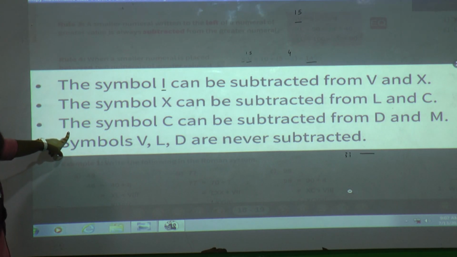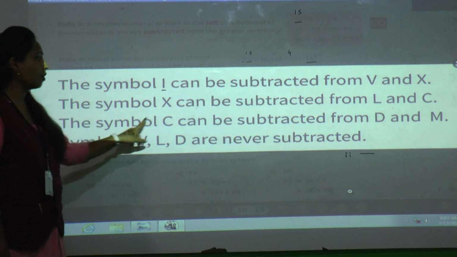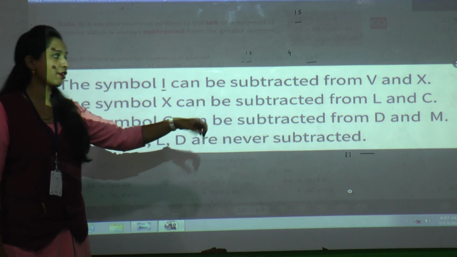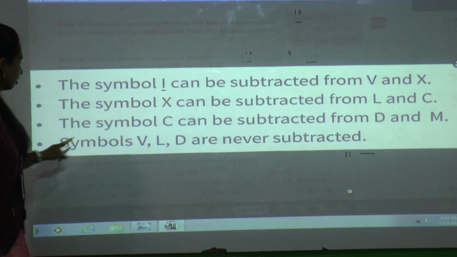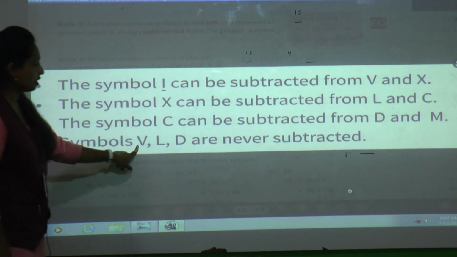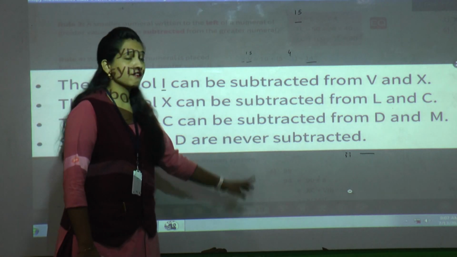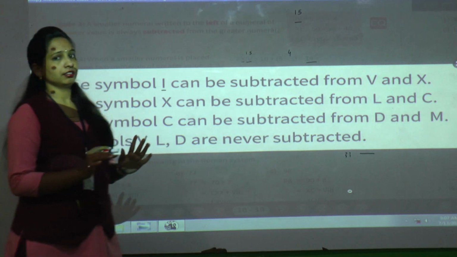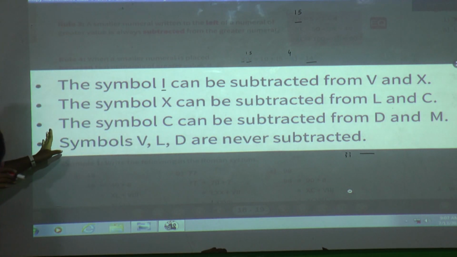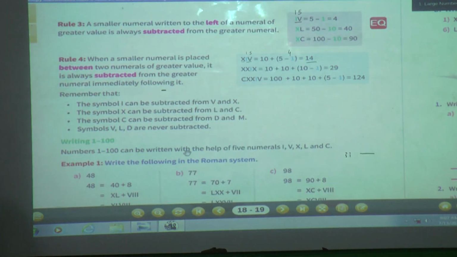And the last, again what is there? The symbol C can be subtracted from D and M. The symbols V, L, D are never subtracted. Okay, got it till here? So this you have to keep in your mind.